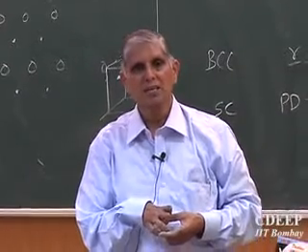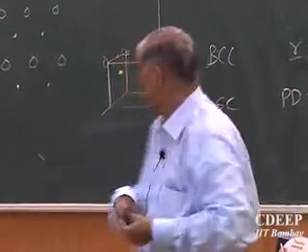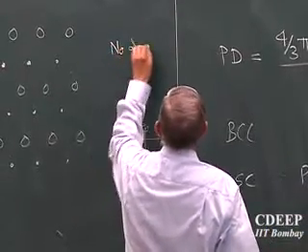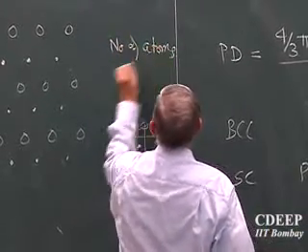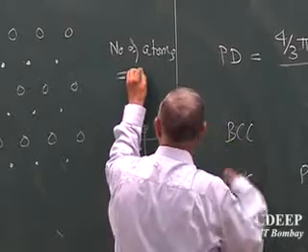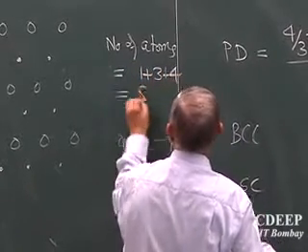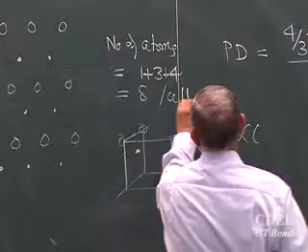Is that clear? That essentially gives the number of atoms for silicon, which is 1 plus 3 plus 4 per cell.